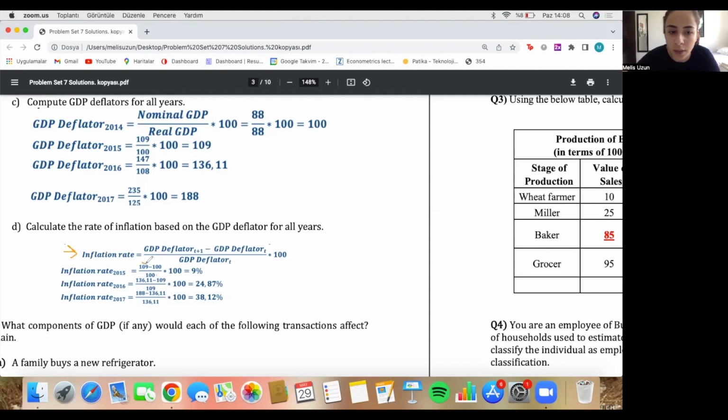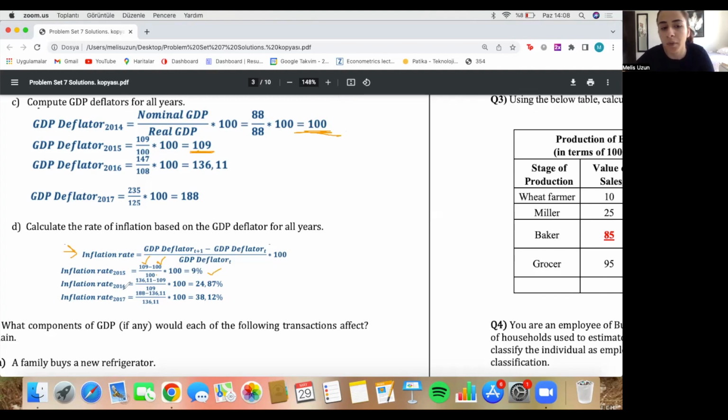So it was 109, like in here, and the GDP deflator for 2014 is 100. So if you do the calculation, you will find that it is 9%.